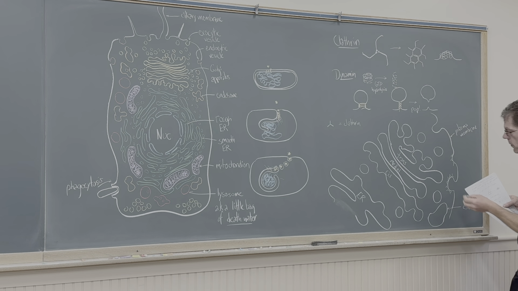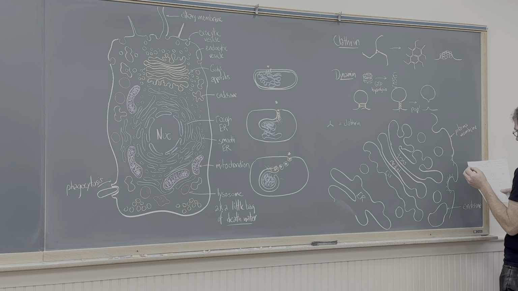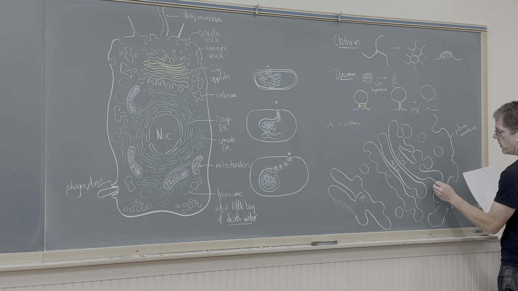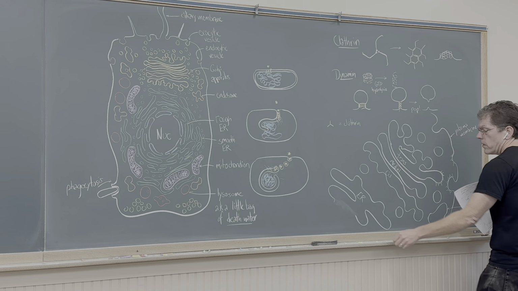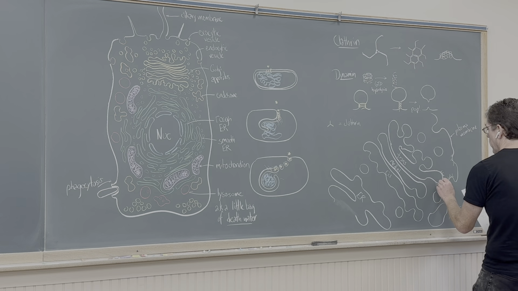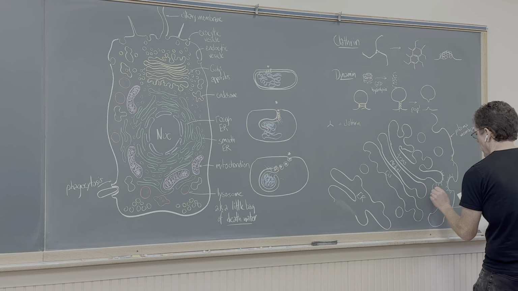And it's also associated with transport from the Golgi to endosomes. Vesicles that bud off of the Golgi apparatus bound for endosomes use the clathrin coat as well.